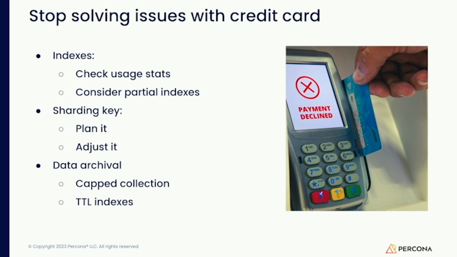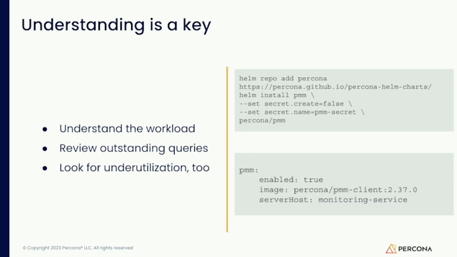And, as a summary, I would like to encourage everyone to understand their workloads better, which is sometimes difficult, but especially important for large clusters. So if you use Percona operator, you can install Percona Monitoring and Management on Kubernetes with 2 commands using Helm charts, and you can just tell PMM where your deployed MongoDB is located, and without any extra integration, you can start consuming metrics and getting insights.